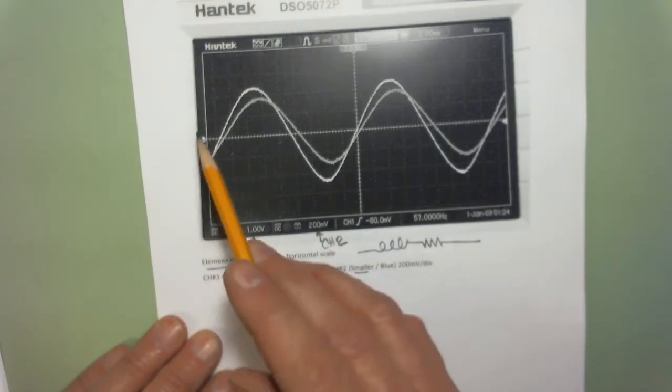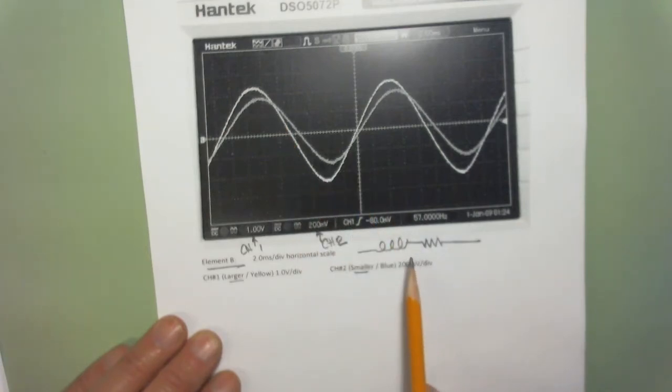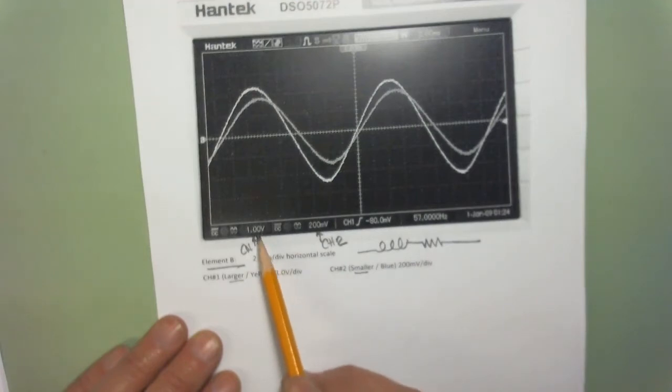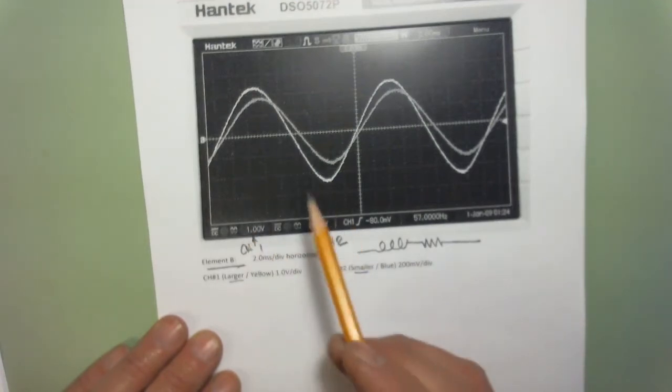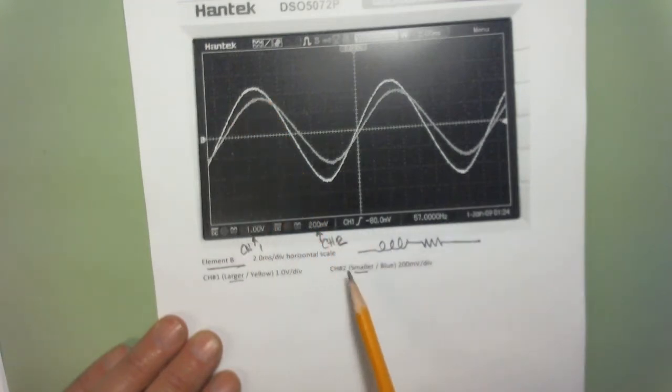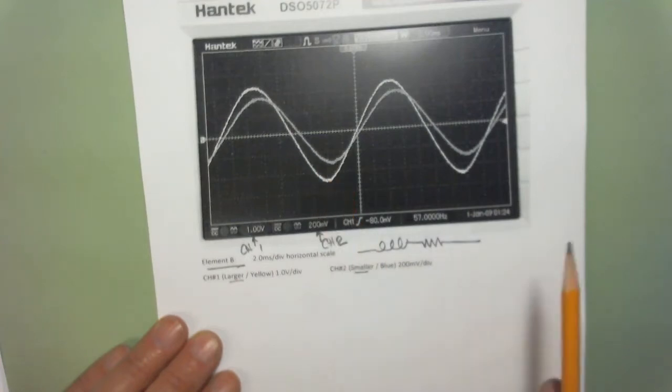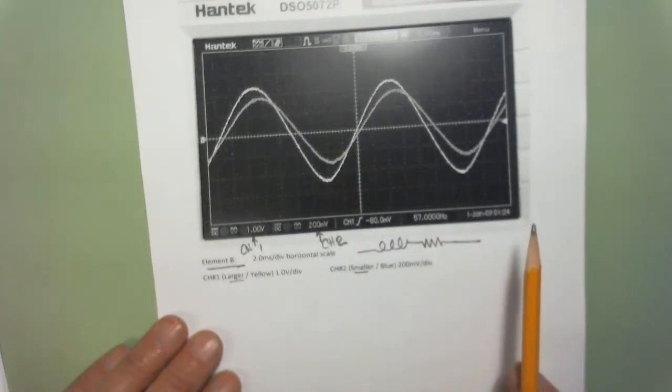I'm using this just as a way to distinguish these graphs here without having the advantage of color. When you see these in color, you'll see that this channel 1 is yellow, and this one is blue. And then this will be a blue, I shouldn't say line, but curve or sine wave. So that's what we've got there.